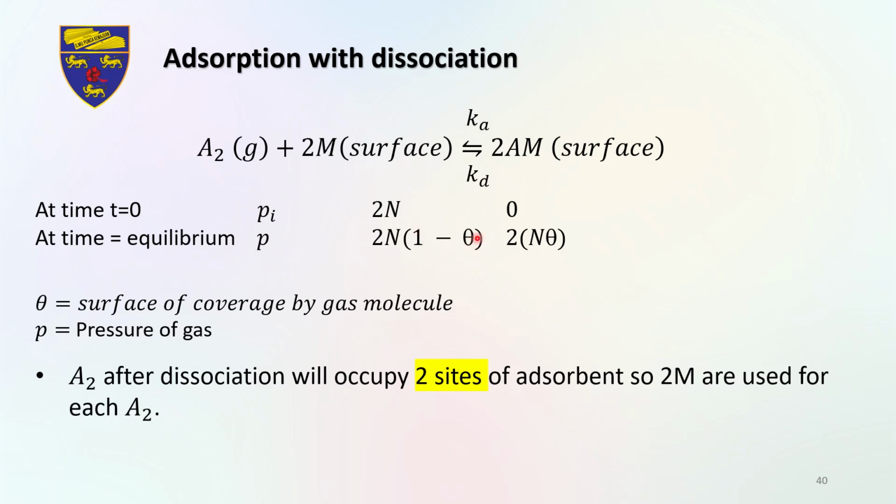Theta is the surface coverage, which is already occupied by the molecules. And then those that have been occupied are 2n times theta. And this equilibrium shows the process of adsorption, which involves the dissociation of A2 to become 2A.